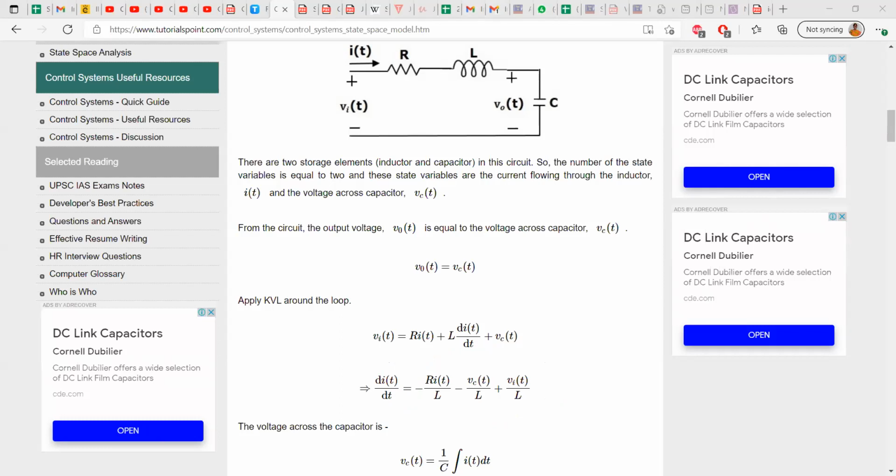Can anyone tell me what are the state variables in this circuit? What are the state variables we have for this circuit?